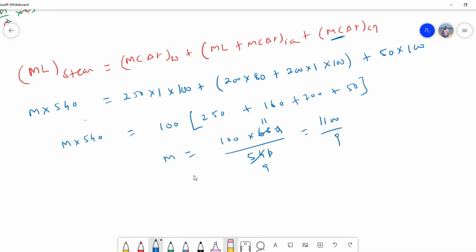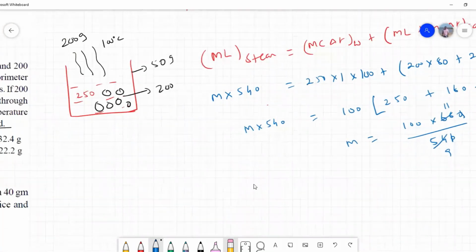Let's calculate 1100 upon 9, which will be 122.22 grams. Let us see whether it is there in the options or not.